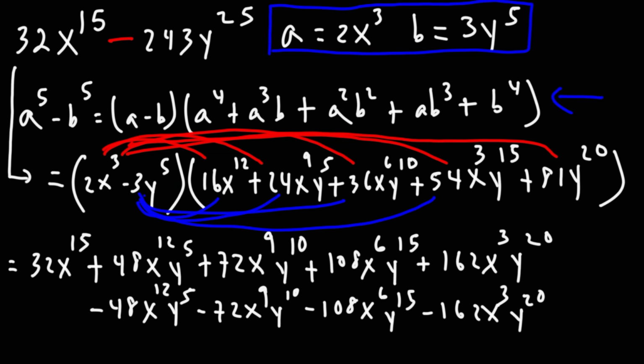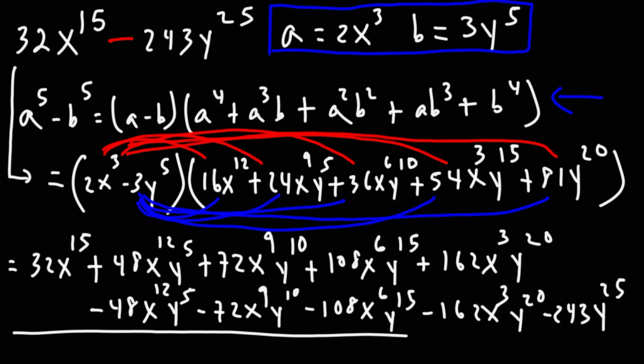Now for the last term, multiplying these, negative 3 times 81, that's negative 243. There's no x variables here. We got 5 y variables, 20 y variables. So that's a total of 25 y variables. Notice how all the middle terms cancel.